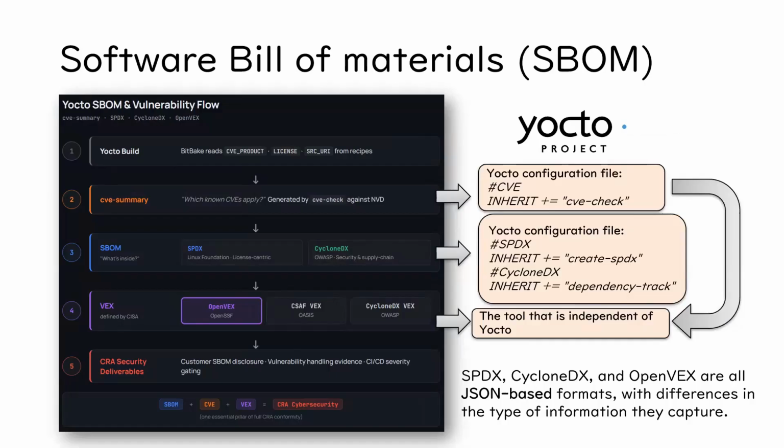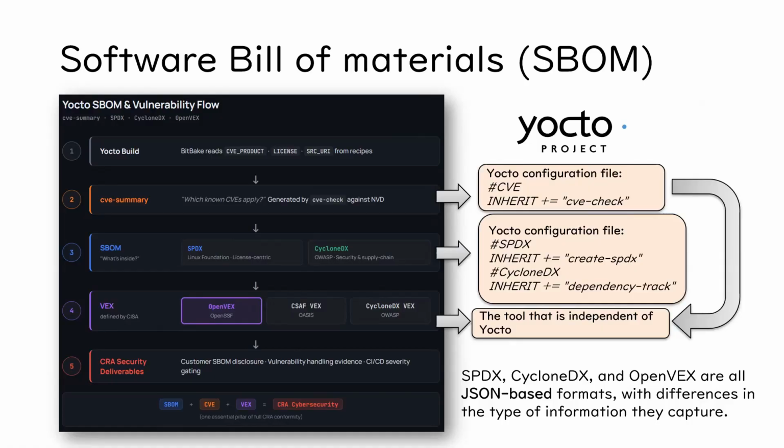About SBOM and Yocto, it's very easy because Yocto has a method to output SBOMs in different formats at compile time. Like you can add the CVE check or different SBOM formats like SPDX or CycloneDX, and it will output to the compile result.